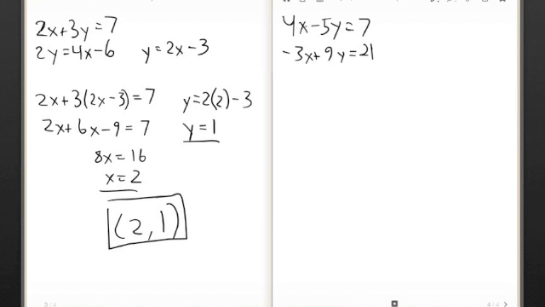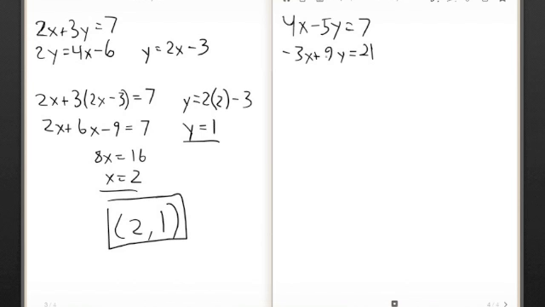Well, if you look at the first one here, we have 4, 5, and 7. We're going to have to do some dividing because of the coefficients, and none of these numbers really are multiples of each other or anything. In the second one, we have 3, 9, and 21. These are all multiples of 3, so this is going to be a lot easier to divide. We won't end up with any fractions. So let's use that one, and we can solve for either x or y.